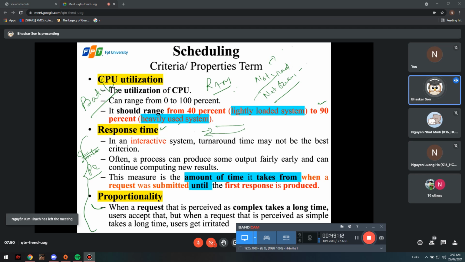That is what we call proportionality. So proportionality and response time are two important criteria that we often use to judge the performance of interactive algorithms.